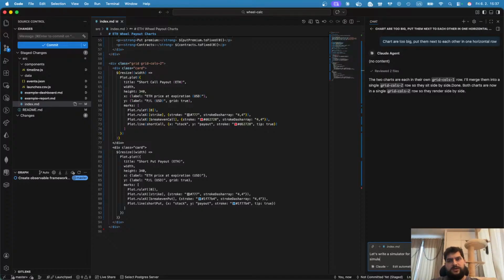Let's simulate different market moves in different positions, meaning we sell put, then market goes up, market goes down, market stays, and same for calls.